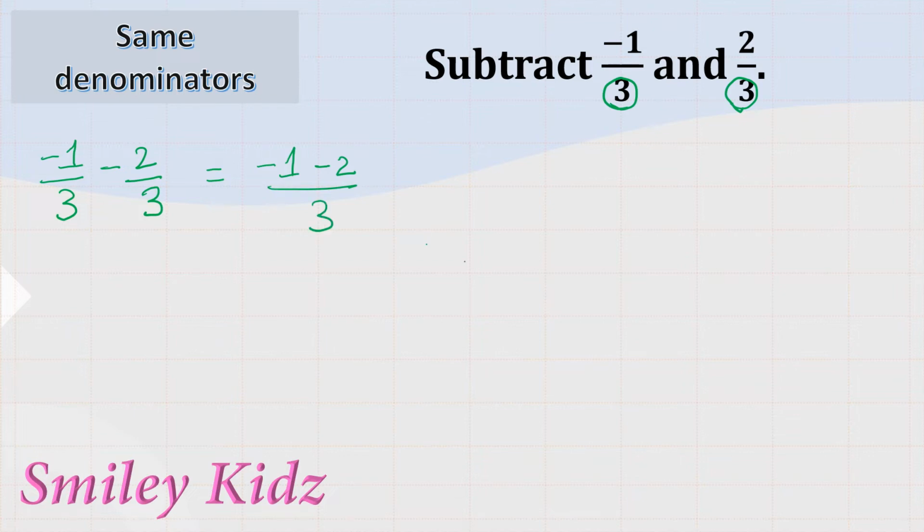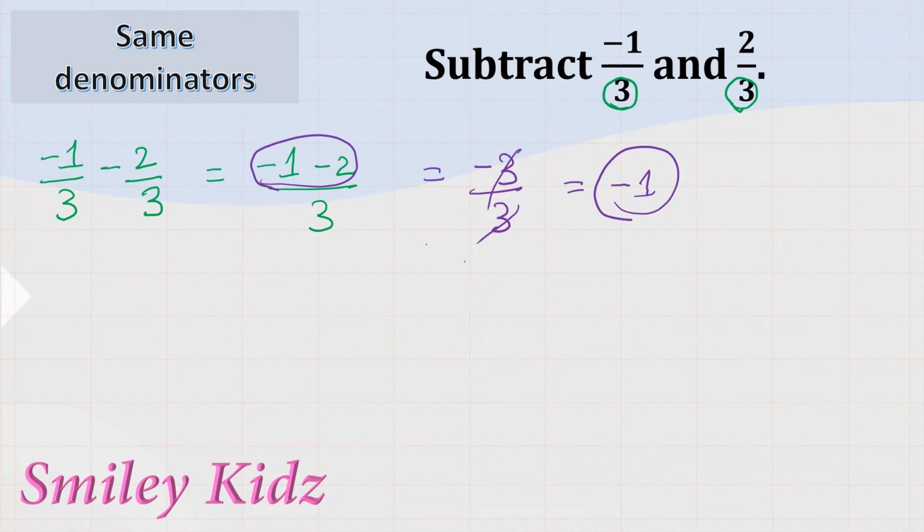Minus 1 minus 2 will be equal to minus 3 by 3. Now we can simplify this rational number, which is equal to minus 1. Therefore, when we subtract minus 1 by 3 and 2 by 3, we get the solution as minus 1.